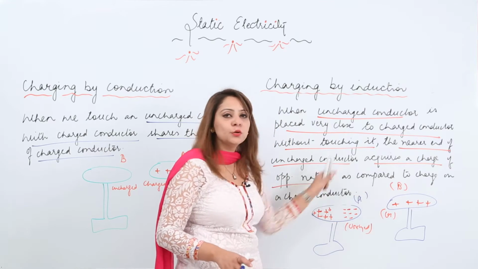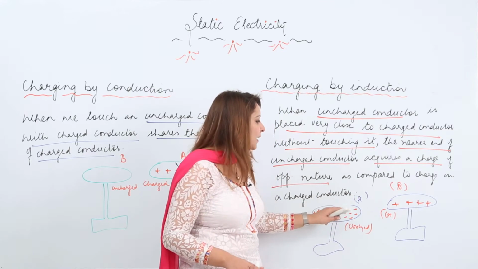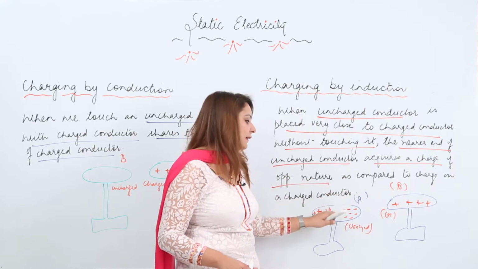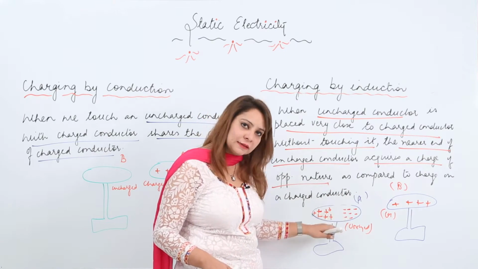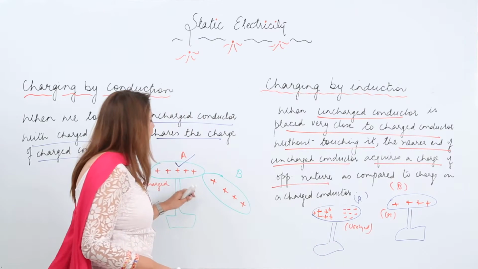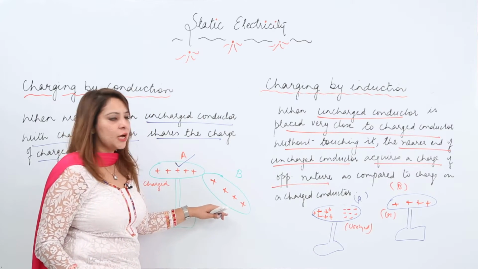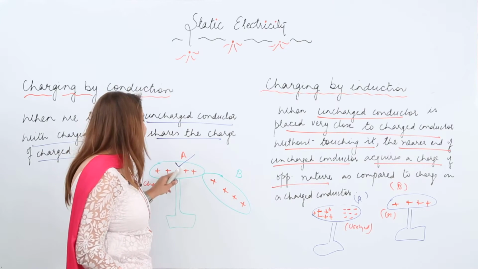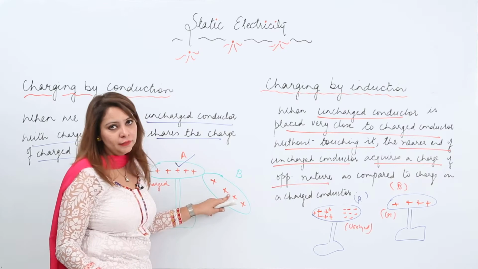It is just inducing the charge, and the net charge present in this body is here only, and the net charge present in the other body is there only. In conduction, the uncharged body acquires the same kind of charge. As you've seen, if it is positive, it transfers a positive charge; if it had been negative, it will acquire a negative charge.